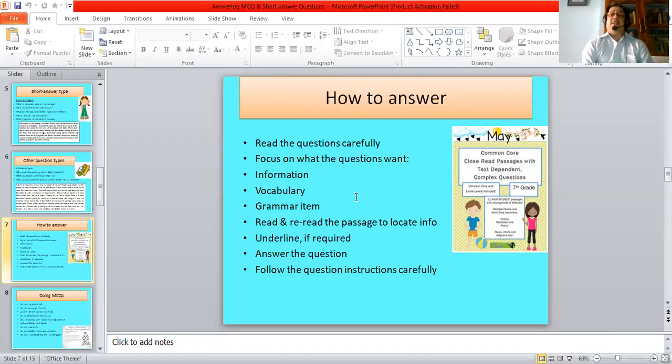Then focus on the vocabulary in the passage, the grammatical items contained there, and then read and reread the passage to locate the information and underline the passage if required. And then answer the questions and follow the question instructions carefully. Whatever you are asked to do by the questions, please do that.